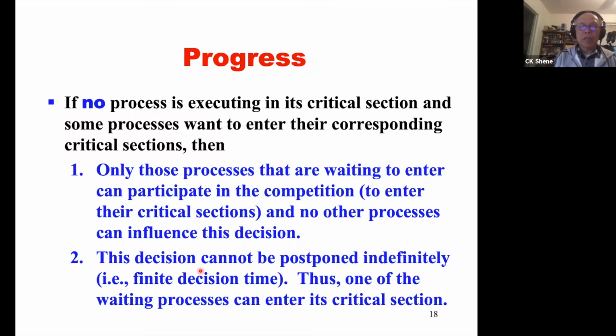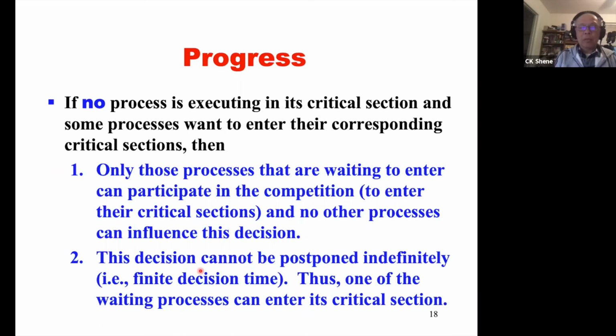First one states only those who are waiting to enter can select a candidate to enter, and no other processes, that is those who are not waiting, can have any influence upon this decision.